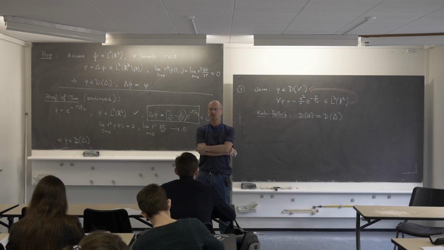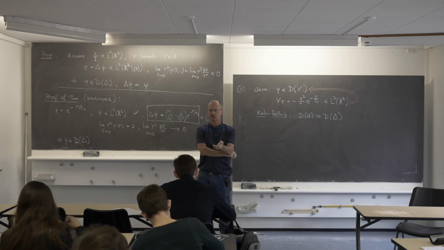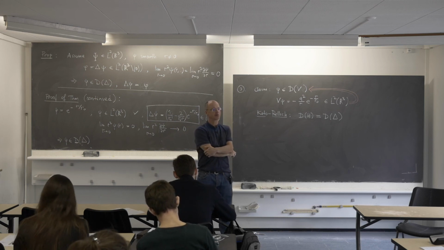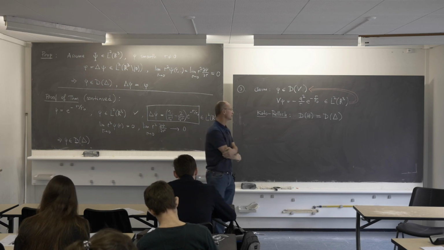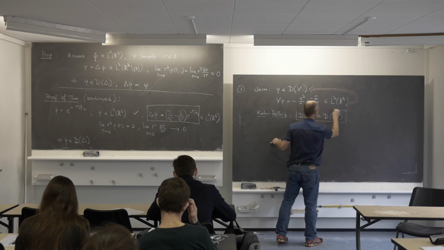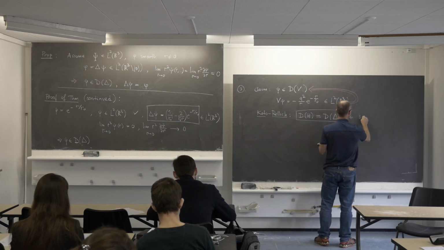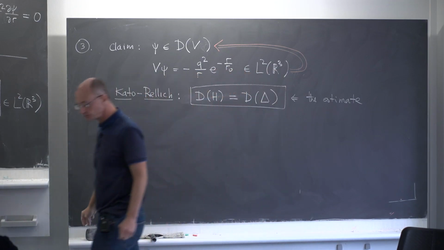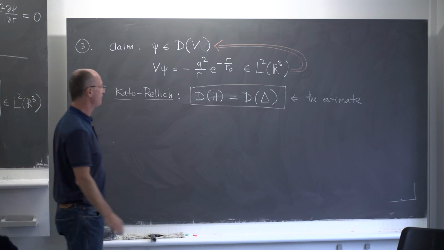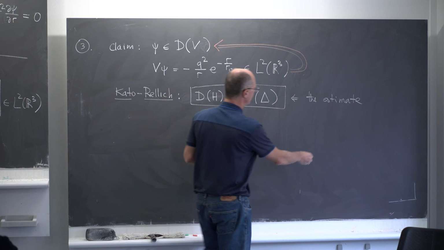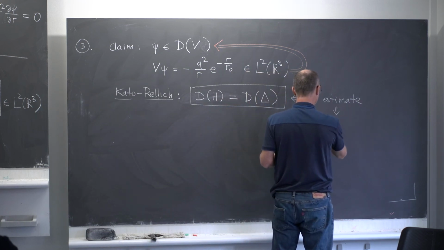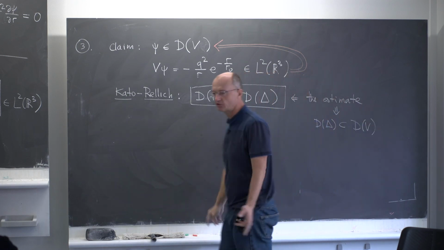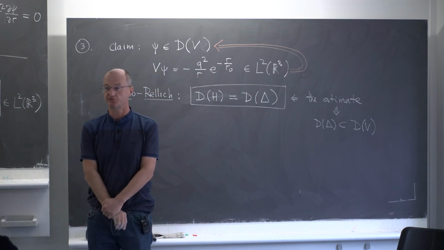So once the estimate is verified, we start with operators A and B, right? And A plus B is a self-adjoint operator on the domain of A. So that's what Kato-Rellich says. So this follows from the estimate. And also the Kato-Rellich estimate says that the domain of delta is contained in the domain of V. So something which is in the domain of delta is automatically in the domain of V, right?